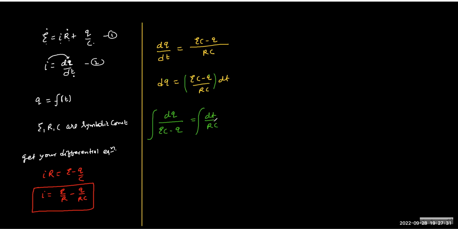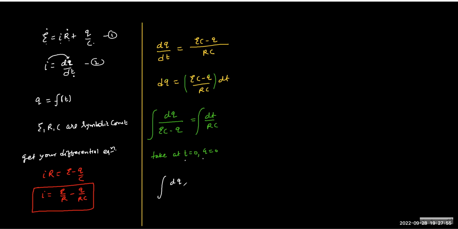So here I will give you the limit or the initial condition. Take at t equals 0, q equals 0. So when you know the initial condition, where do we put these values? We put these values as the lower limit of integration.